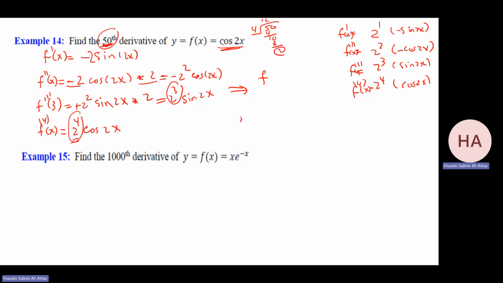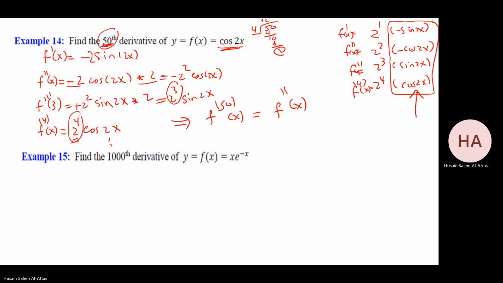So the 50th derivative, if we continue, is the same as the second derivative, only in this part, times a number. The number will be 2 to the power 50. The second derivative is what? It is this one, minus cosine 2x. So it's minus 2 to the power 50 cosine 2x.